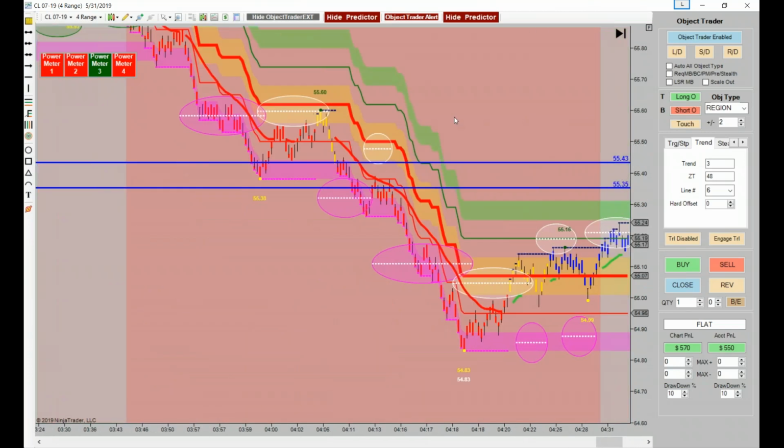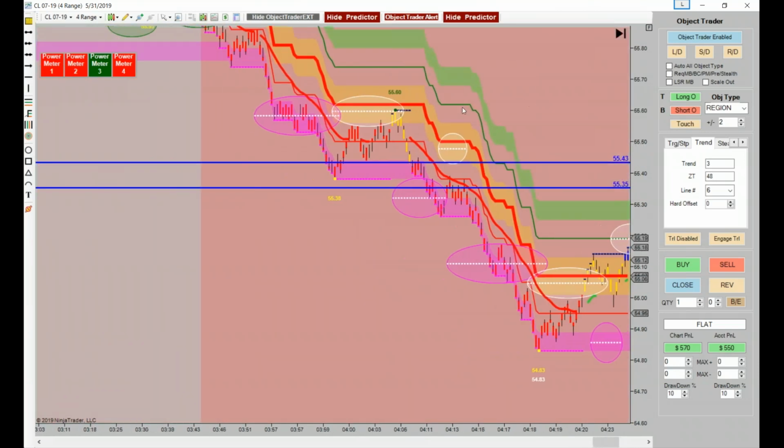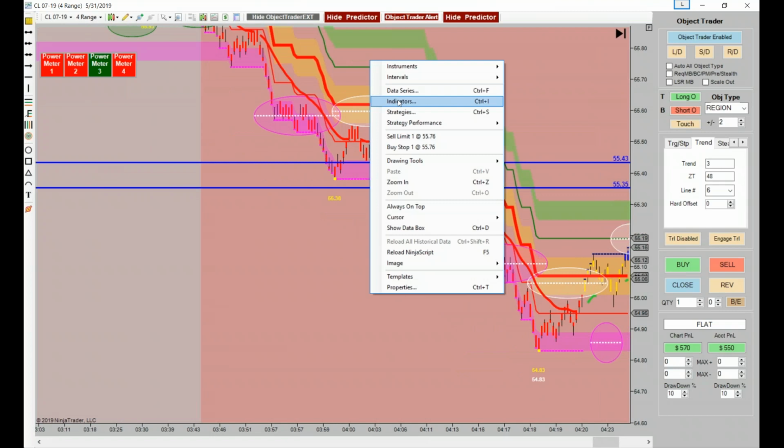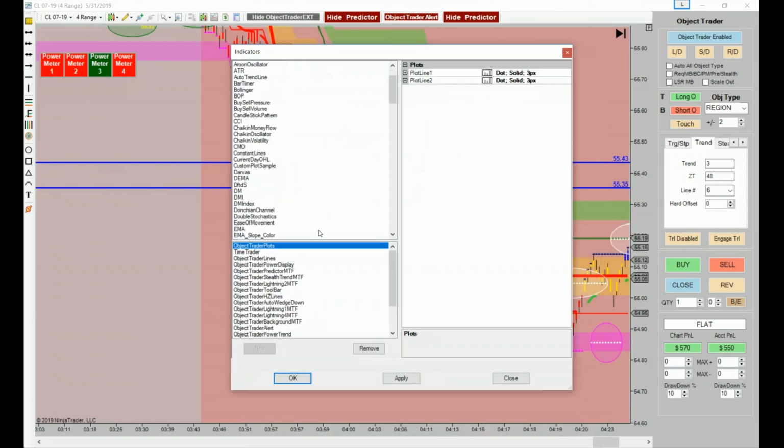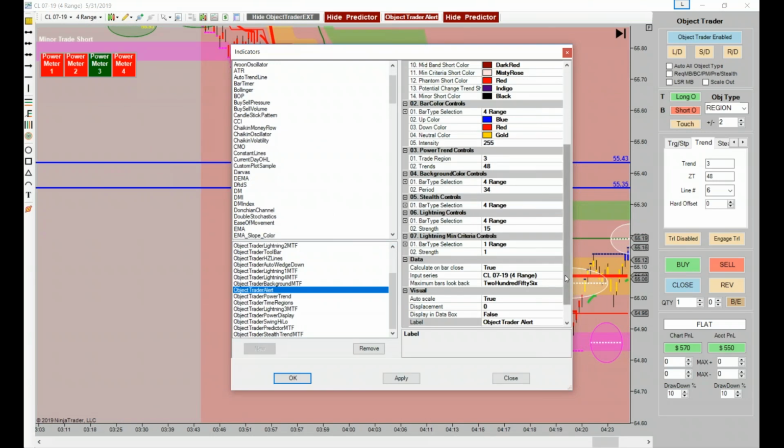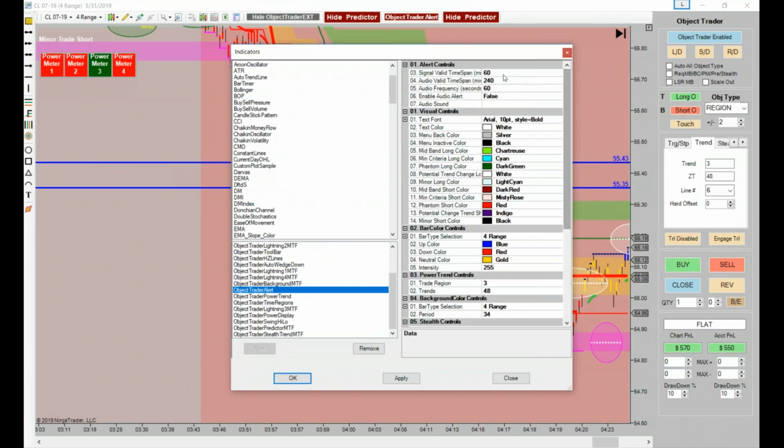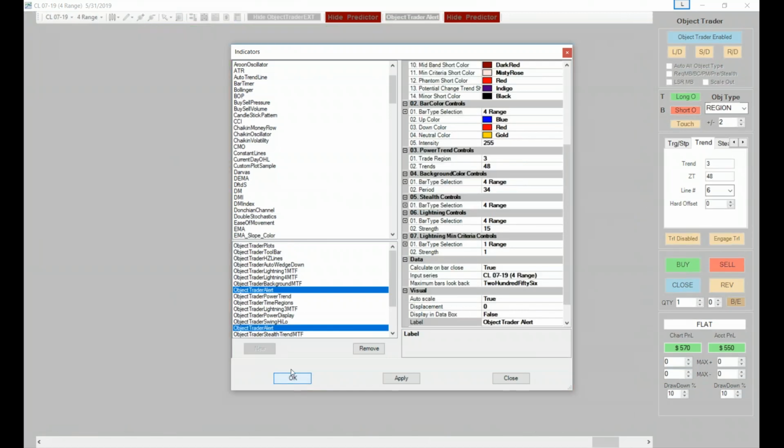Because when this was heading down, to give an example, and this is back more than an hour, I would have to go ahead and change my new indicator to like a couple hours back or something like that. I'll just put it on 480. See what that does.